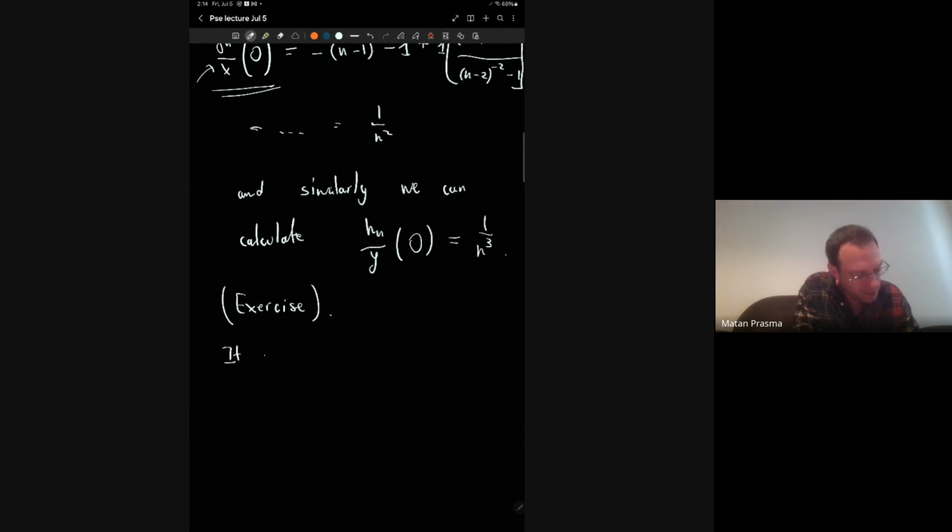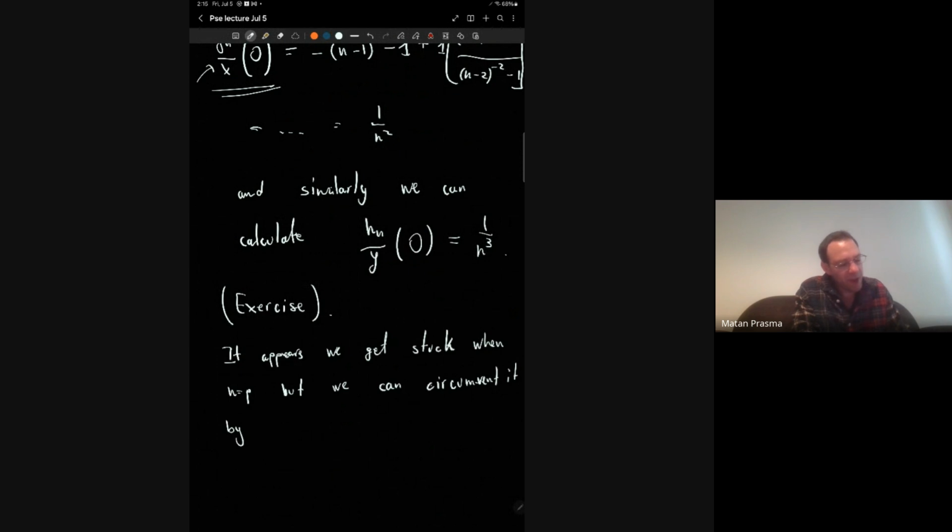So it appears we get stuck when n is equal to p, but we can circumvent it as follows. Instead of writing np equals n minus 1 plus p, I can write np equals n minus 2 p plus 2p.